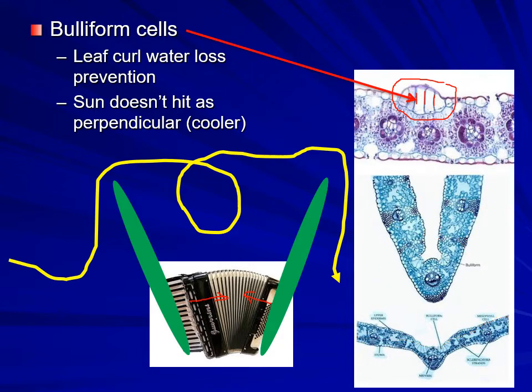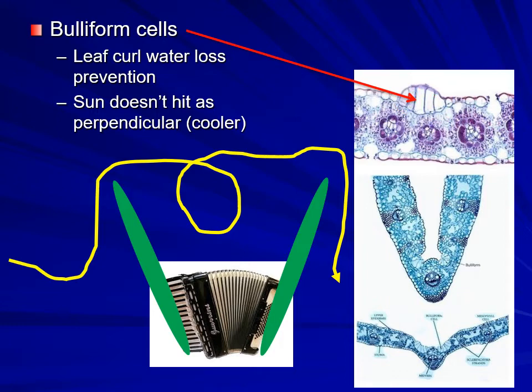So bulliform cells help fold the leaf, and by folding it, here you can see how extreme the fold is. It's more difficult for air to swirl and remove moisture from the leaf. So it's a water stress response. The other thing that happens is it changes the angle that the sun impacts the leaf.